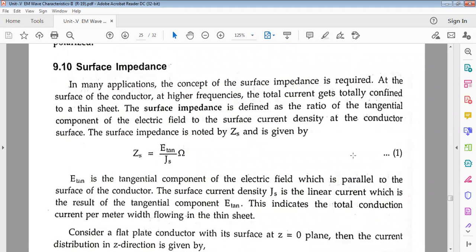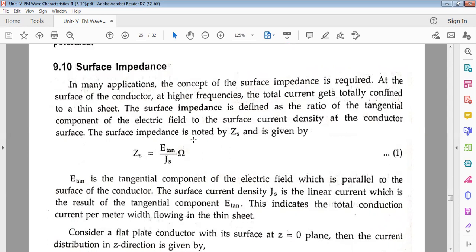The surface impedance is defined as the ratio of the tangential component of electric field to the surface current density, Js, at the conductor surface.